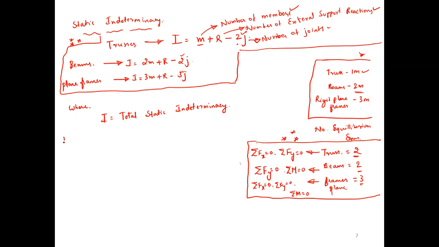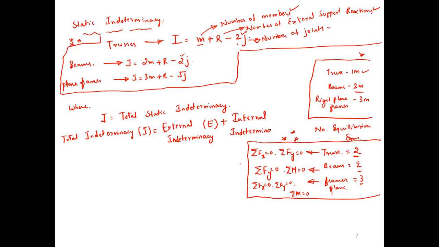So what is total indeterminacy? Total indeterminacy I equals external indeterminacy, called E, plus internal indeterminacy, that is small i.